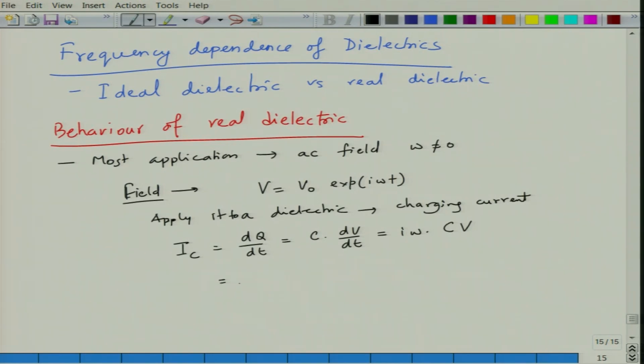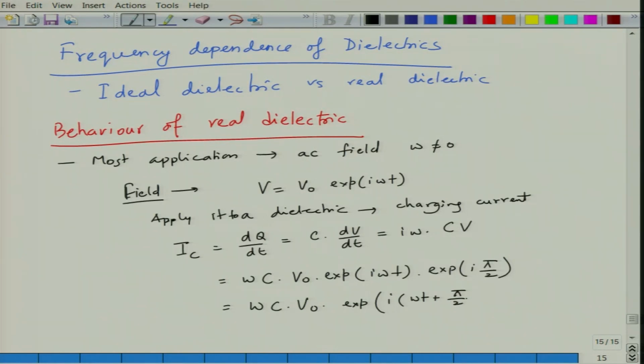So, this is omega C into V naught into exponential of I omega t, and let us say I add a factor exponential of I pi by 2, okay. I can write this as omega C into V naught into exponential of I into omega t plus pi by 2, alright.